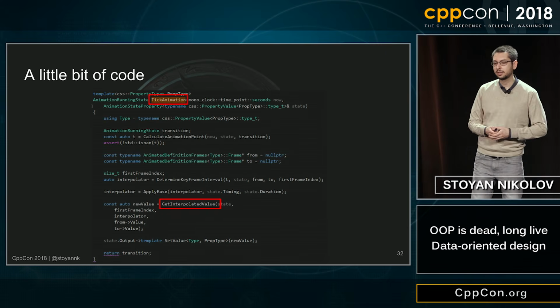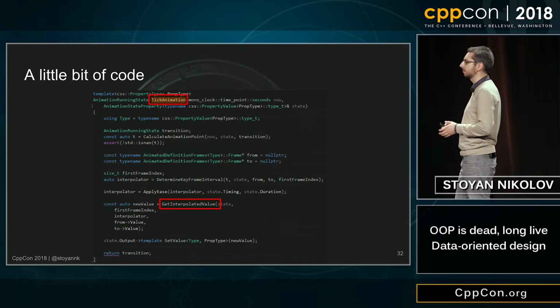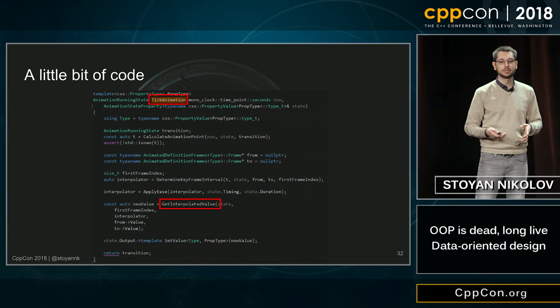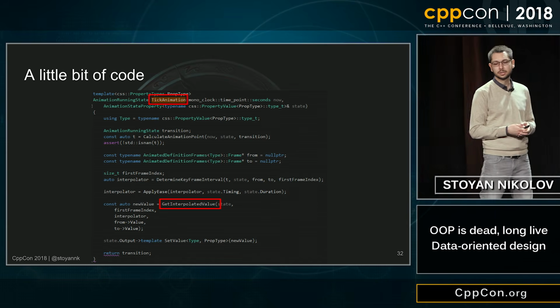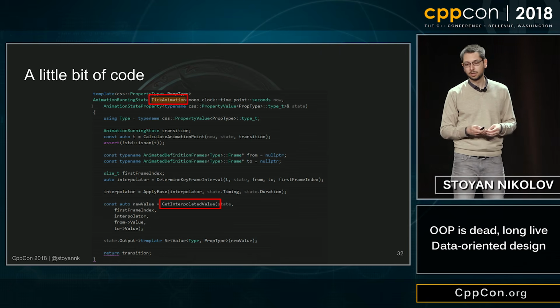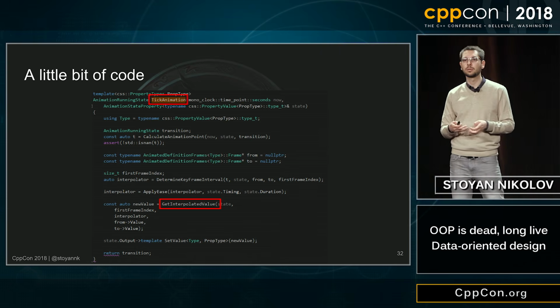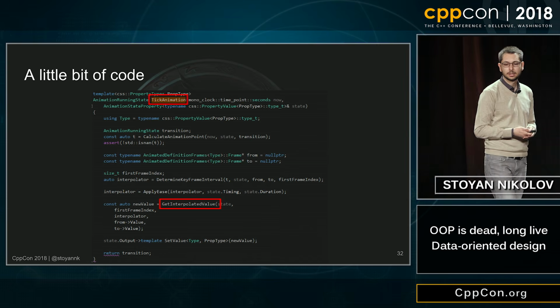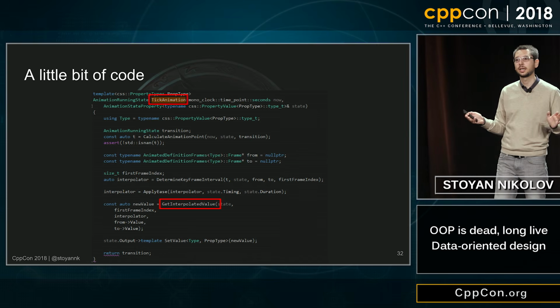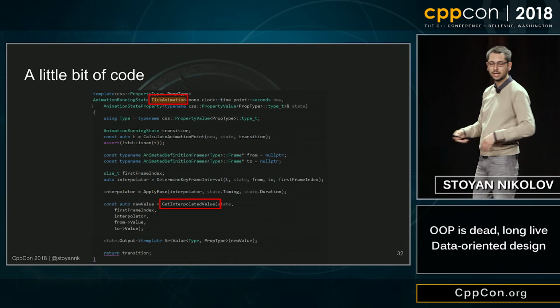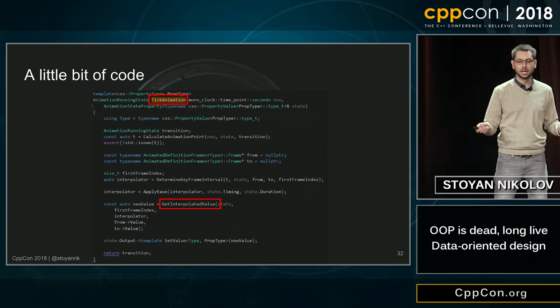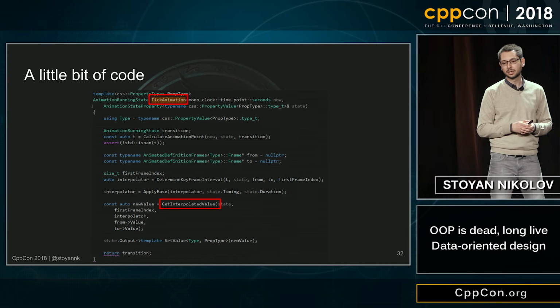So to look a bit at the final code, the details are not that important, but it's very simple and in many ways beautiful, because there are no ifs, there are no branches, and you can read it like a book. We interpolate the keyframes, we interpolate the values, everything works as we would expect.